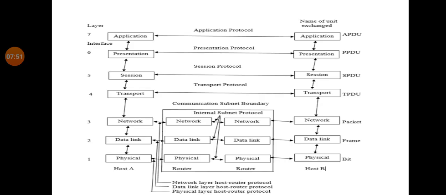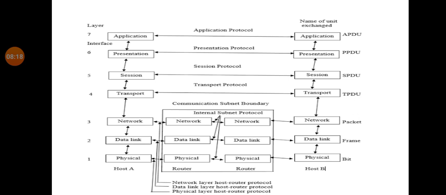While transmitting data from host A to host B, there will be many routes that can be followed, but we have to follow the route that is more feasible or more suitable for transmission. This decision will be taken by the network layer. So the network layer is responsible for deciding through which route data should be transferred to host B.